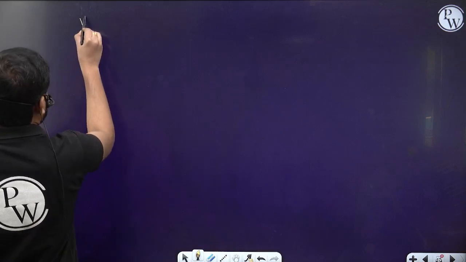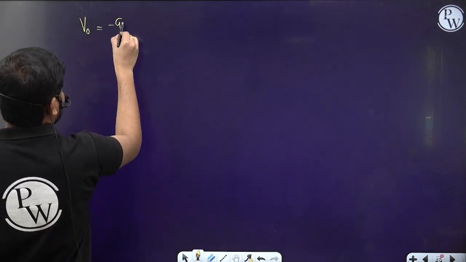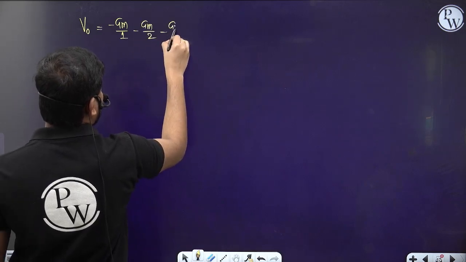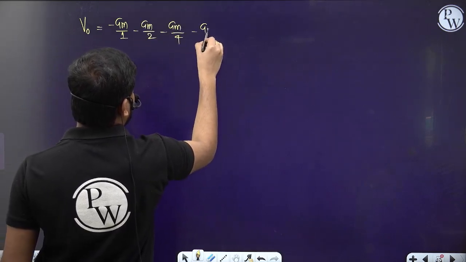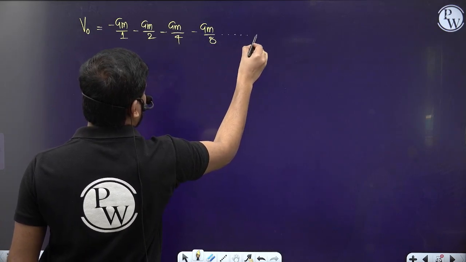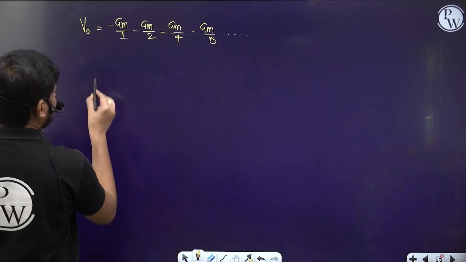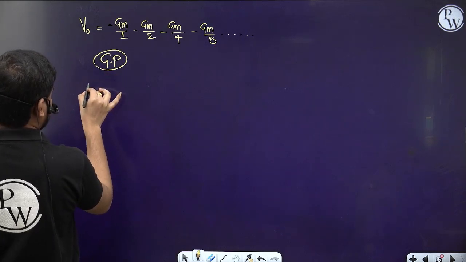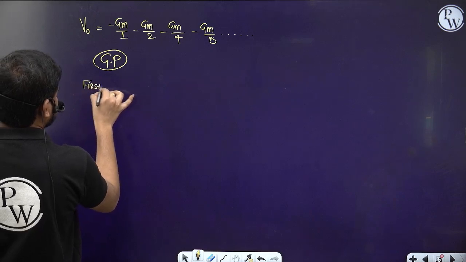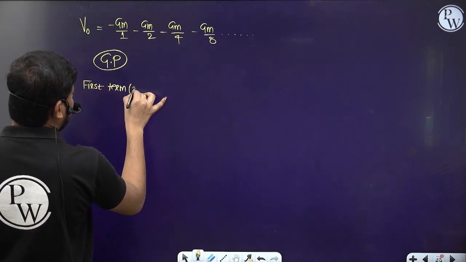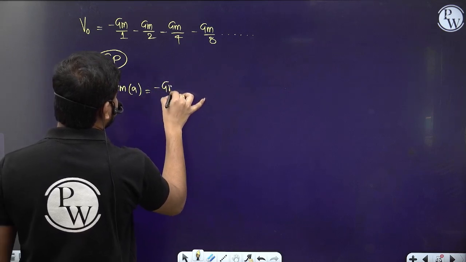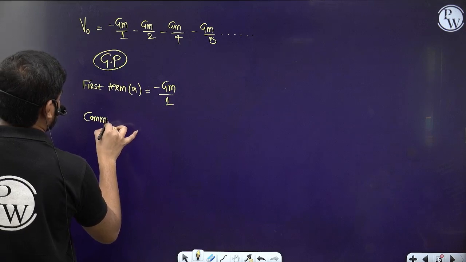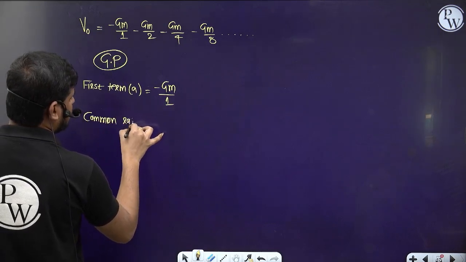The net gravitational potential at O is minus Gm by 1, minus Gm by 2, minus Gm by 4, minus Gm by 8, and then it goes on. Here, if it is in GP, the first term A is equal to minus Gm by 1, and then what is the common ratio R?